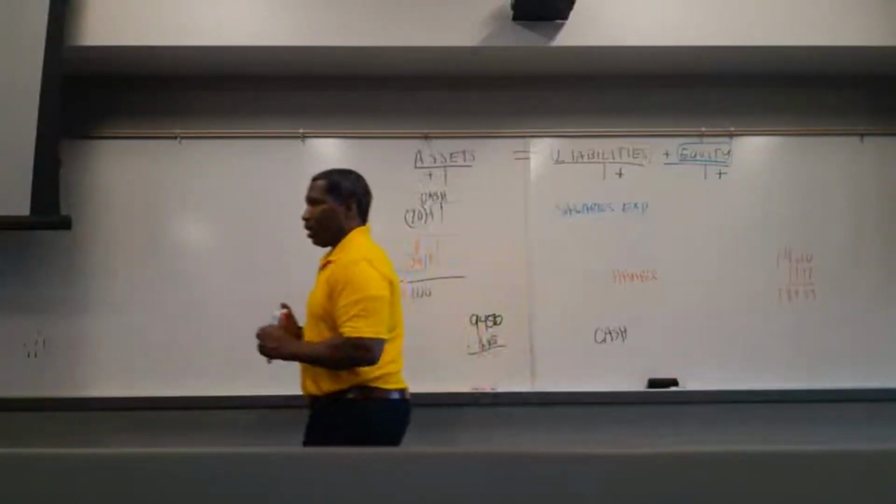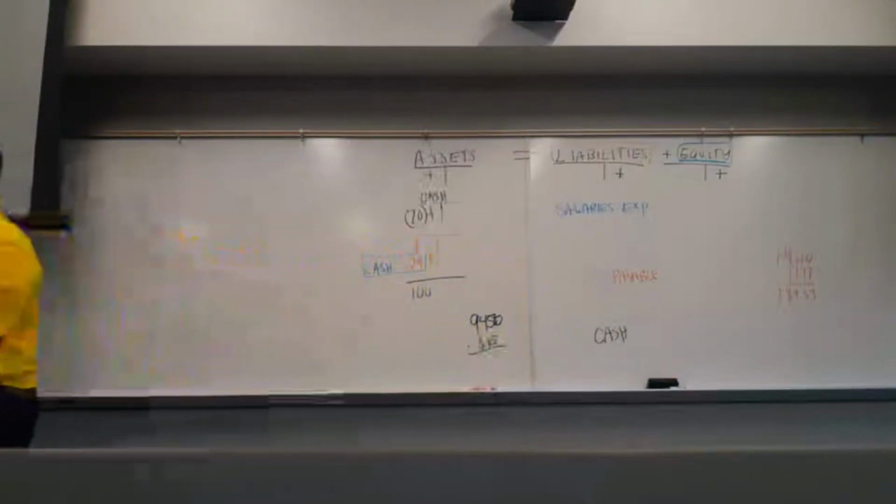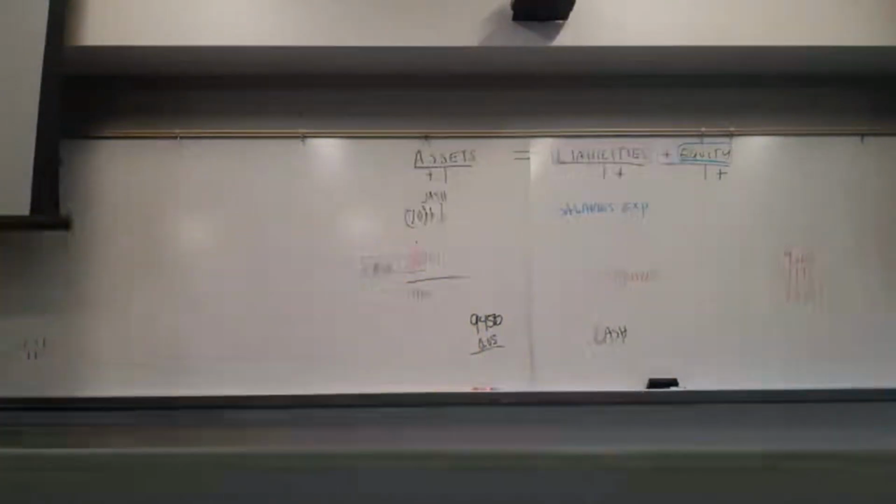Now, each of these individual ones, you have to make a journal entry. So you have FICA, and they tell you right here that that amount is 7.65%. We'll come back to that when we calculate the percentage. We have the federal income taxes payable, and we have salaries payable.